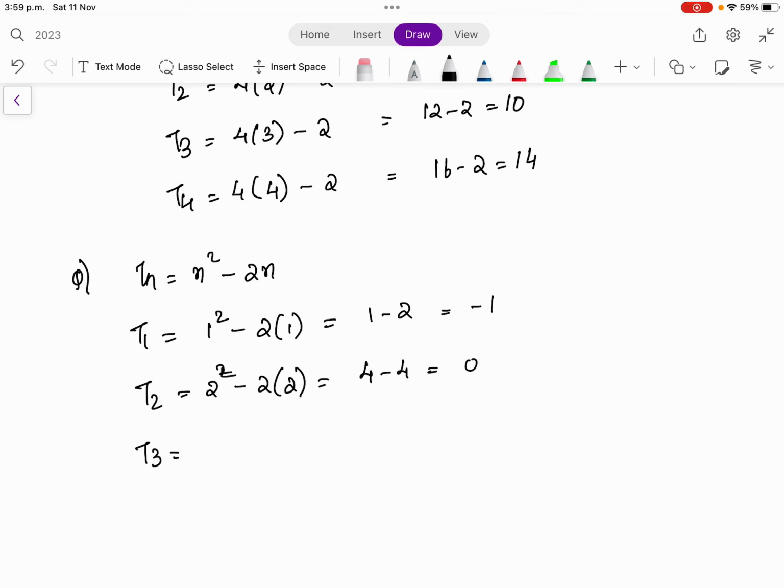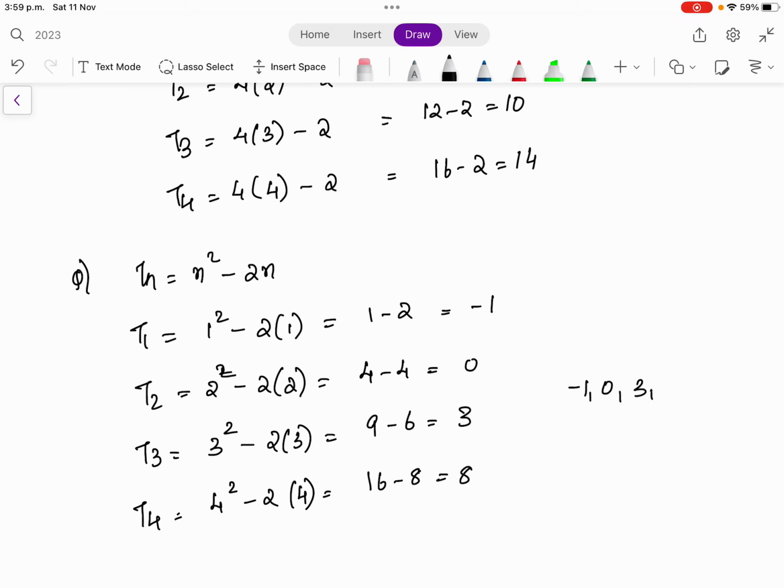T3 is equal to 3 square minus 2 times 3, which is 9 minus 6, which is equal to 3. And T4 is equal to 4 square minus 2 times 4, that is 16 minus 8, which is equal to 8. So the terms are minus 1, 0, 3 and 8.